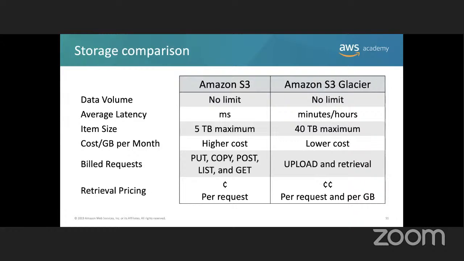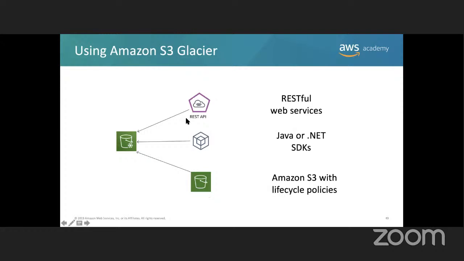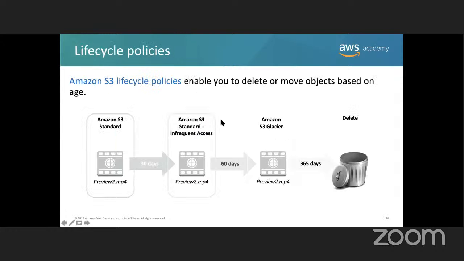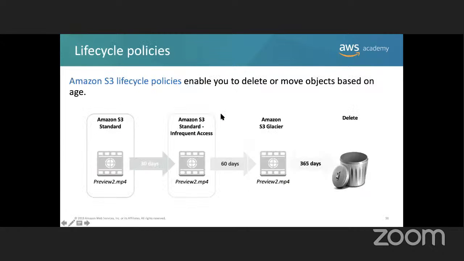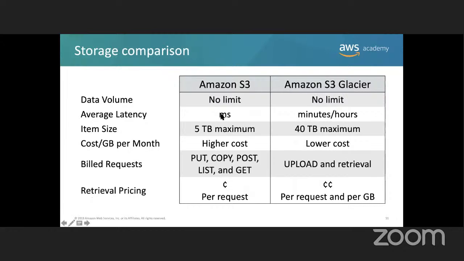Comparison side by side between S3 and Amazon S3 Glacier. There's no limit to the amount of objects that you can upload. It's unlimited. The average latency is milliseconds for Amazon S3, and it takes minutes or hours for Amazon S3 Glacier.